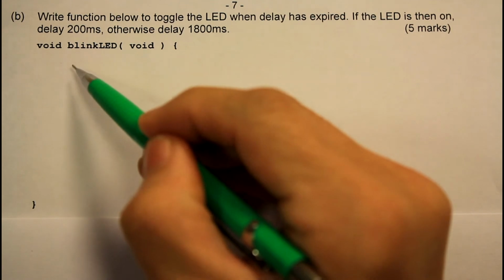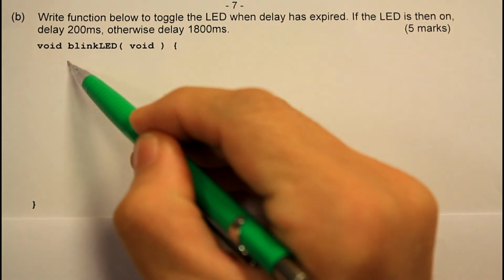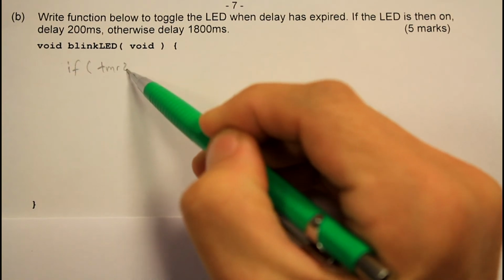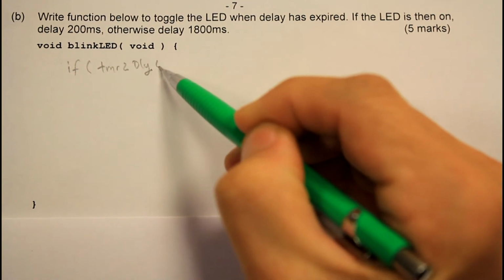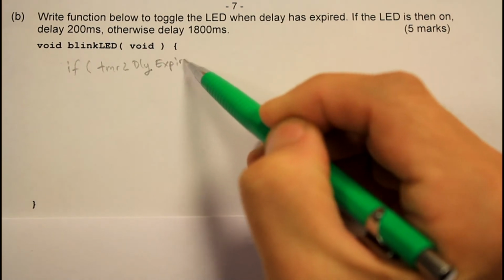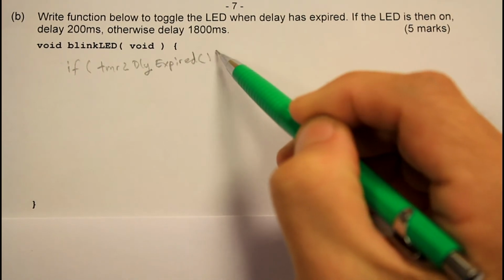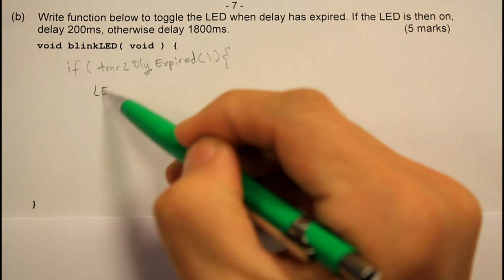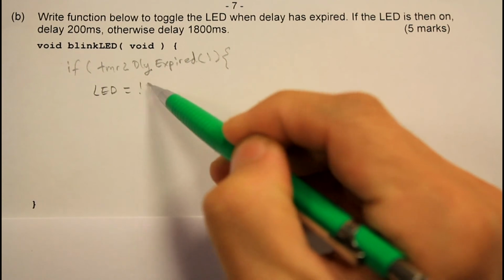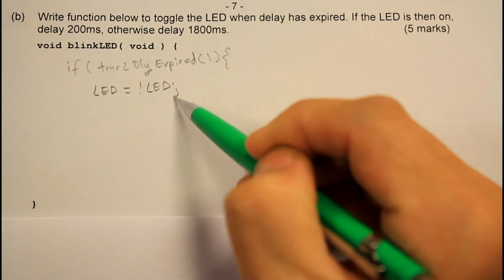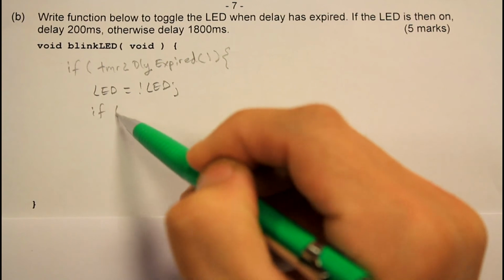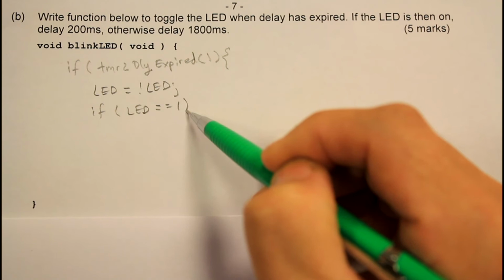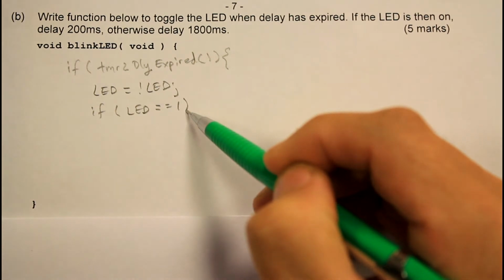The first thing to do is to check whether the timer has expired. So if timer 2 delay expired, then we will have to toggle the LED. And if the LED is in the state of 1, it means that it's on.